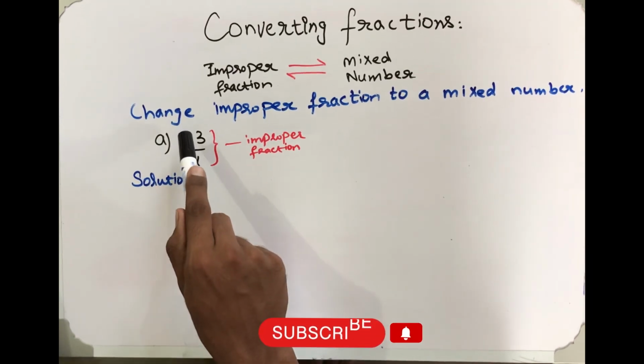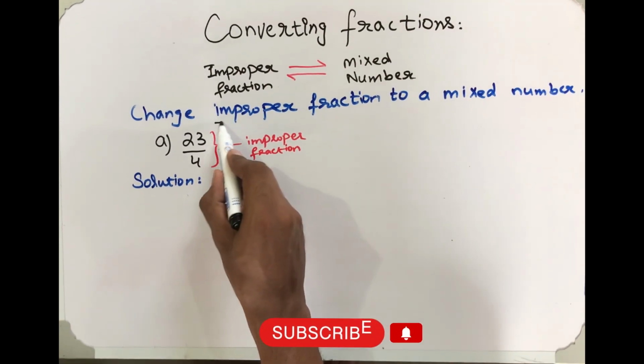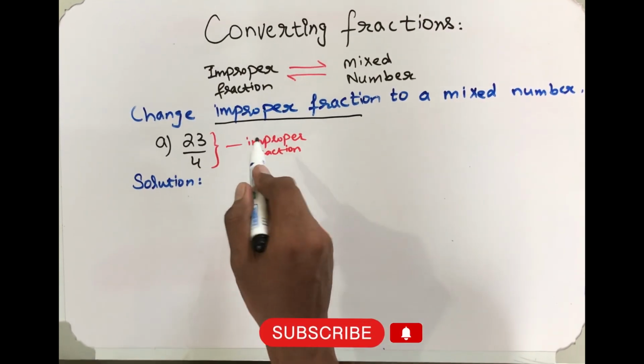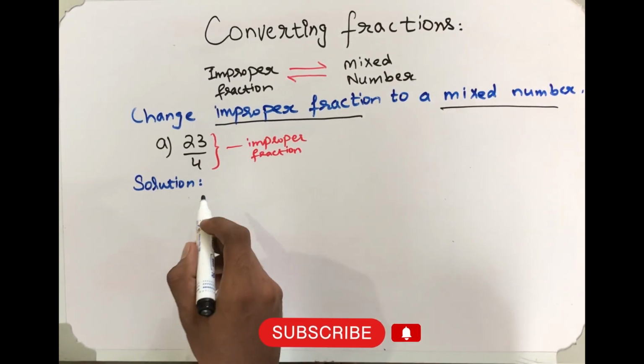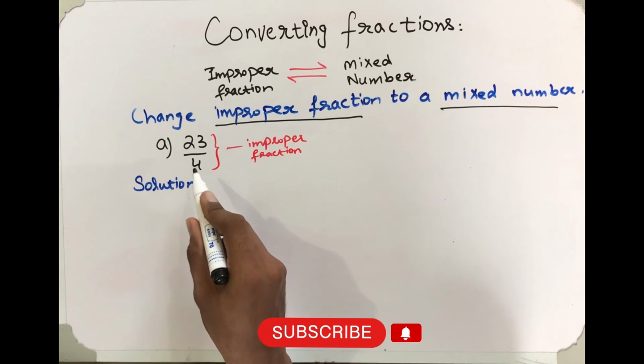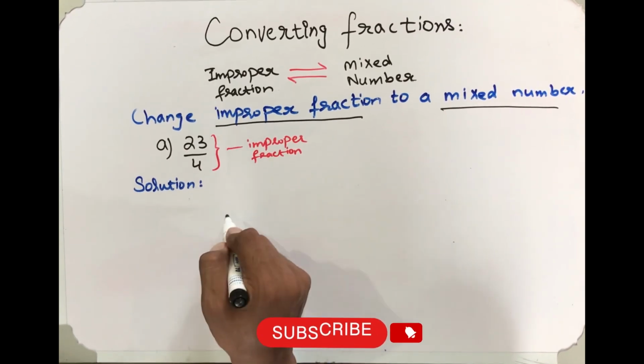So today we have the first question: change improper fraction. What we are going to do is change an improper fraction to a mixed number. We are given a question, part A, 23 divided by 4. This is an improper fraction.